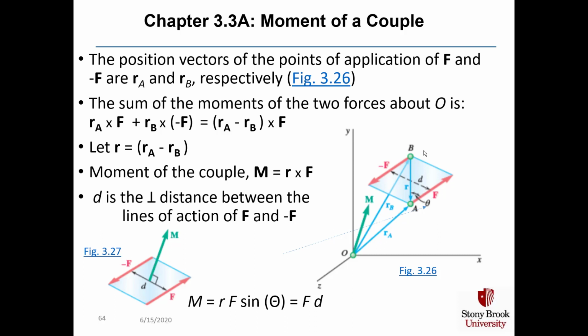The sum of the moments of the two forces about the origin is R sub A cross F plus R sub B cross negative F, and that equals R sub A minus R sub B cross F. If we let R equal R sub A minus R sub B, then the moment of the couple M equals R cross F. D is the perpendicular distance between the lines of action of minus F and F, and the magnitude of the moment is equal to magnitude of R times magnitude of F times sine theta.